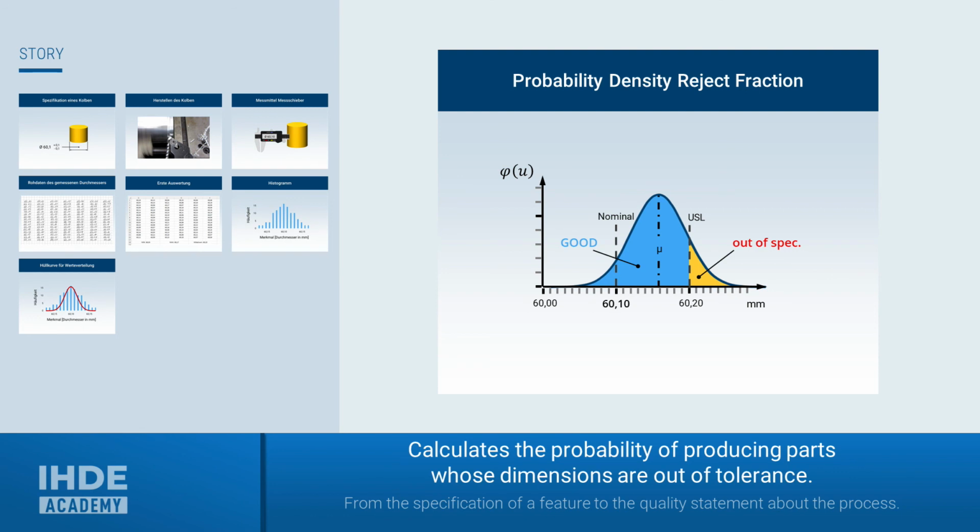The process location, the variance of the values, and the specification of the characteristic are important values for this. But instead of directly specifying a probability in percent, so-called machine or process capabilities are specified. How to calculate and interpret these is the subject of the following lessons of this training.